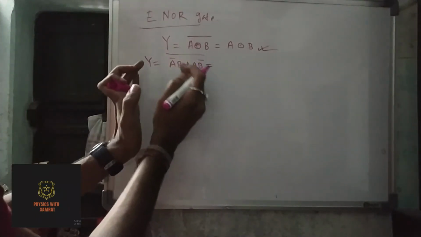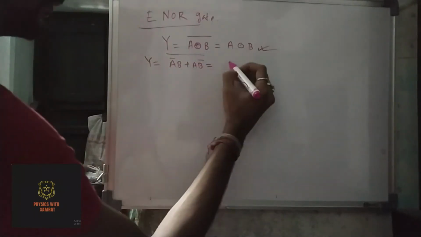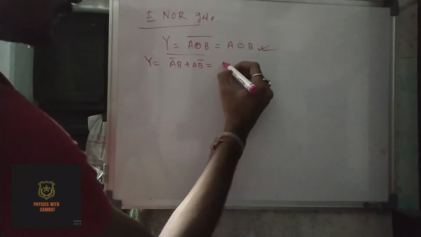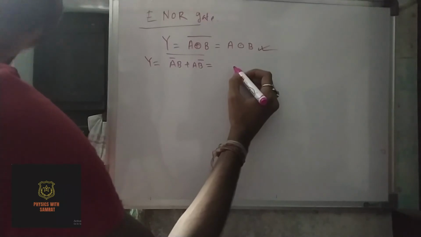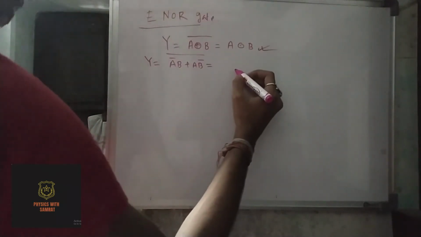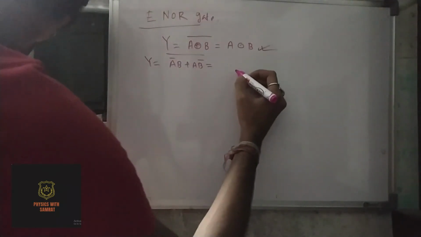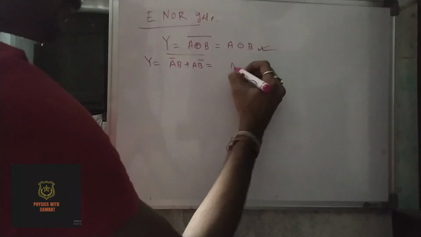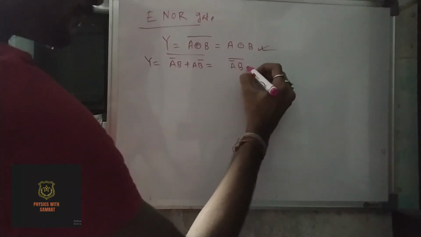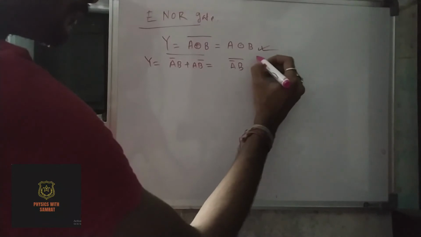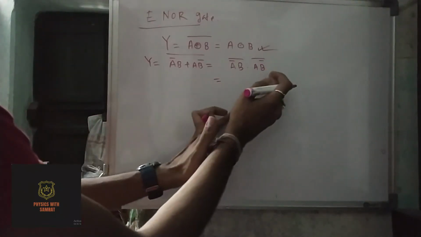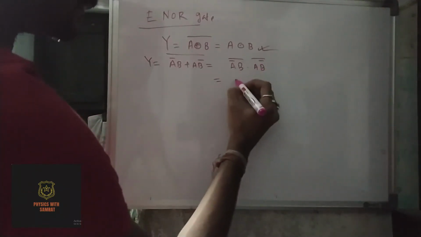If we take the complement of A bar B and A B bar, what we will get? Just simplify it by applying De Morgan's law, you can understand.